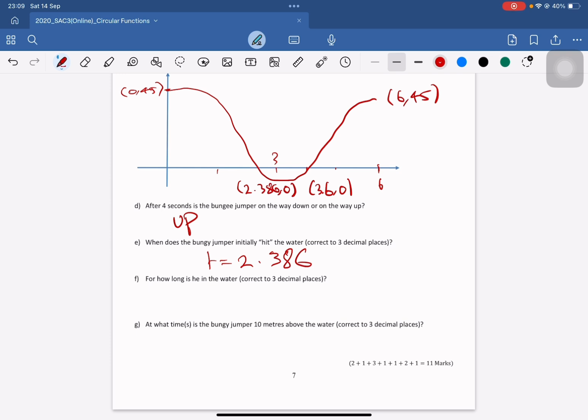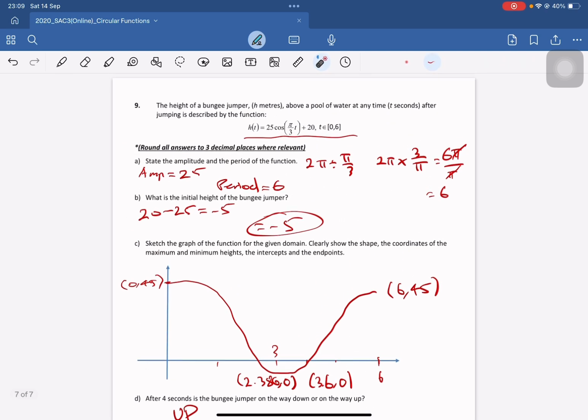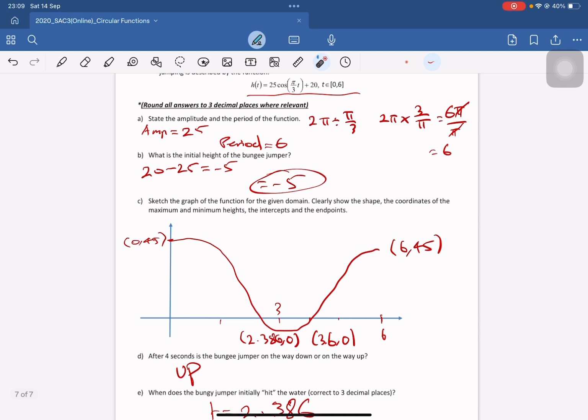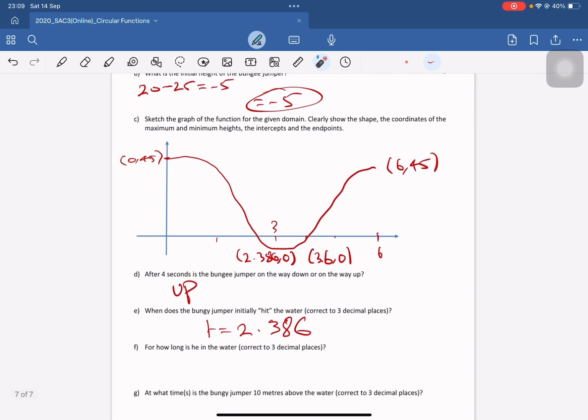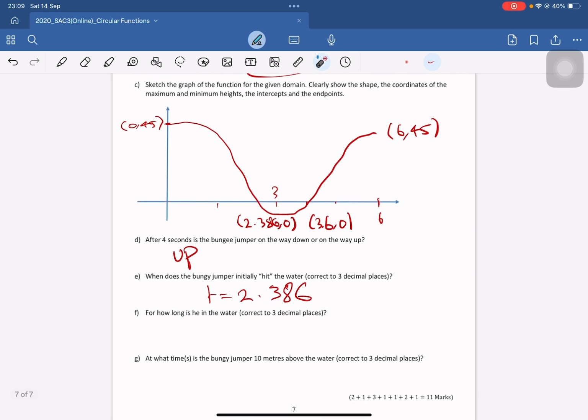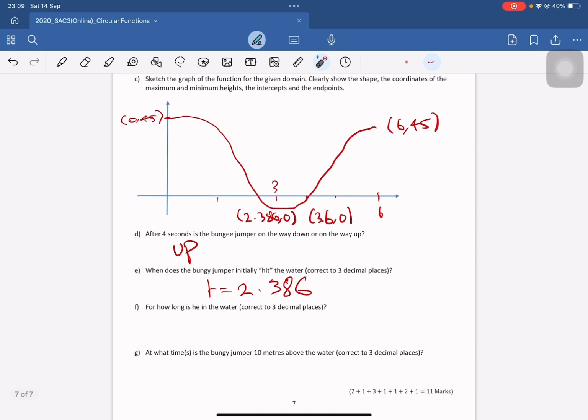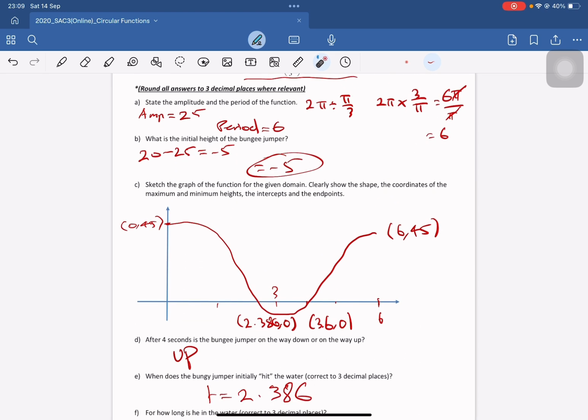For how long is he in the water? So you're going to sub in this value, this intercept right here, for h, and you're going to solve that. And then you're going to also sub in this value for h and solve that.